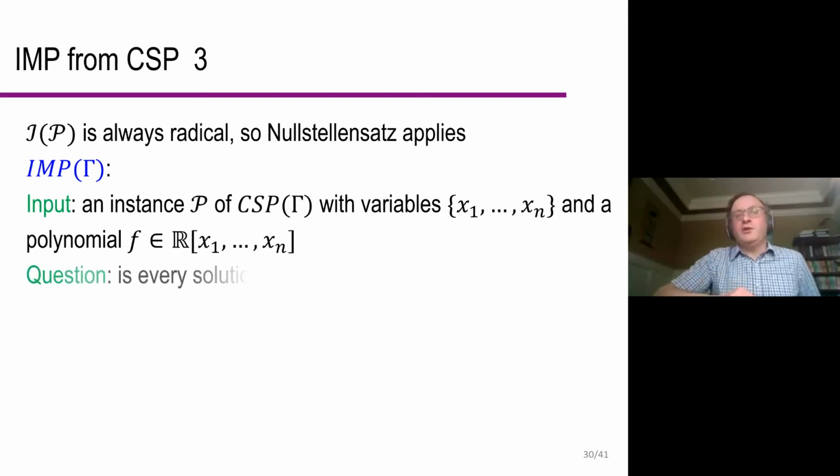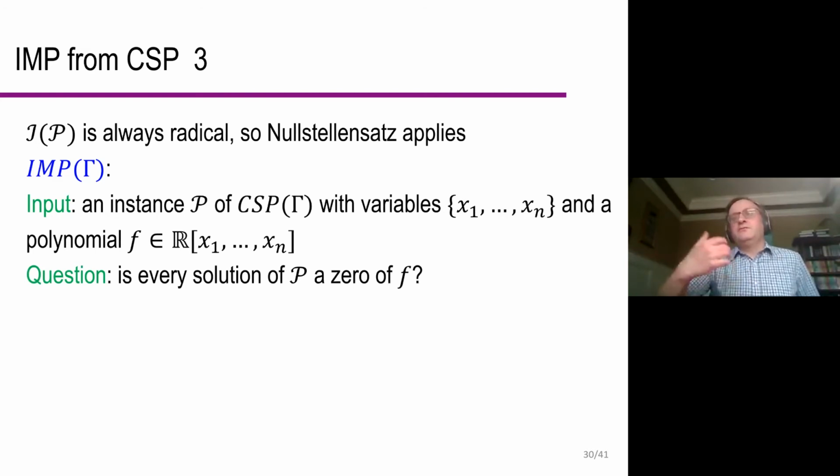So actually what we're asking is, given a polynomial, is it true that every solution of P is a zero of F? So finally, we can translate this ideal membership problem in those terms. One implication of a representation like this is quite obvious.